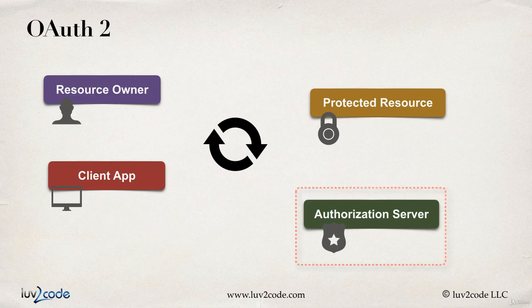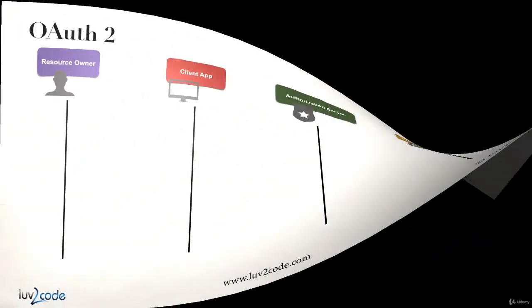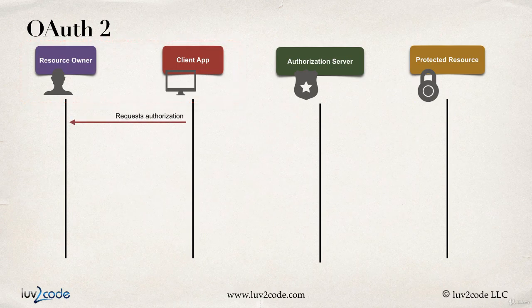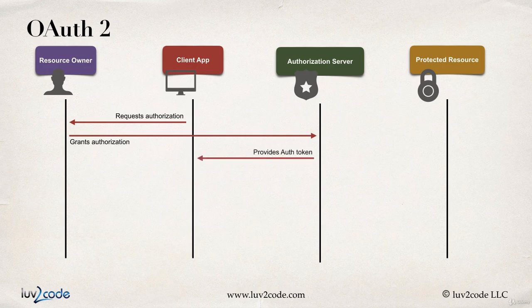Now, let's look at a nice sequence diagram to see how they all play together. So we have this resource owner and we have this client application. The client app says, hey, I need to request authorization. So, hey, user, can I access your Google Drive to do X, Y, and Z? And the resource owner can grant authorization and then sends it over to the authorization server. So the authorization server will provide an auth token to the client application.